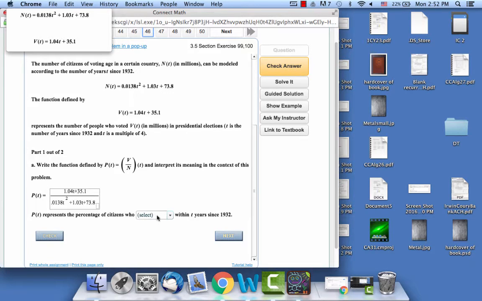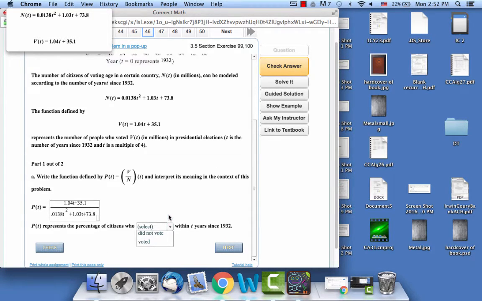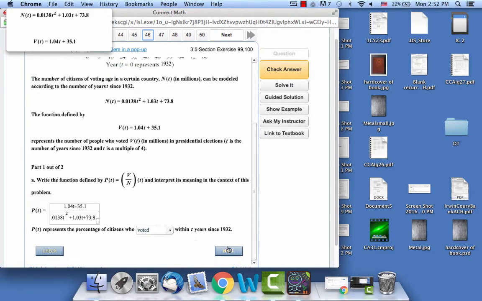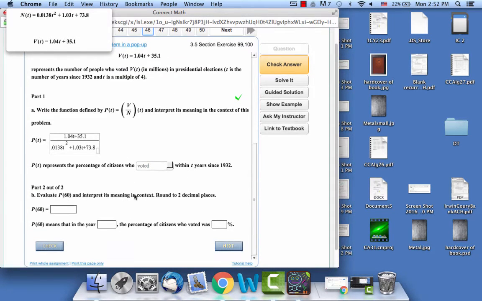Hopefully it won't hurt me. So the percentage, you'd have to multiply by 100 who voted. Now we want to plug in 60. P of 60, so we just plug in.